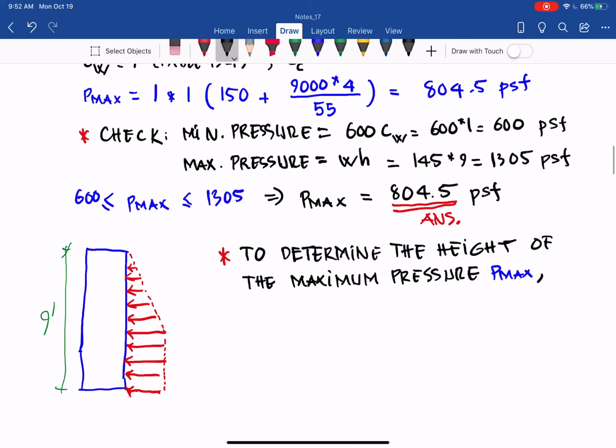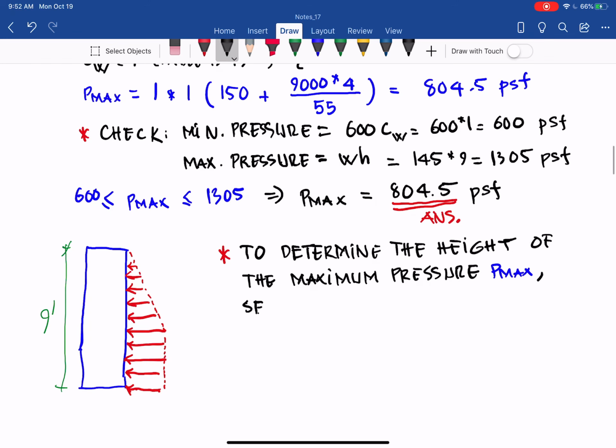Then what do we do? We set, if we call the height from the top to the first Pmax achieved H apostrophe.